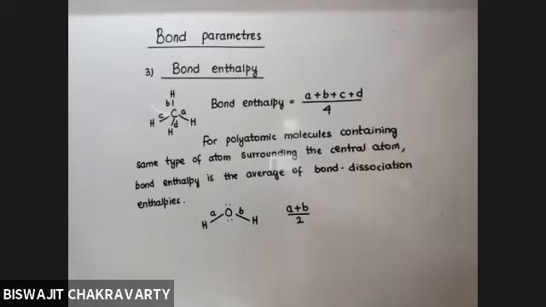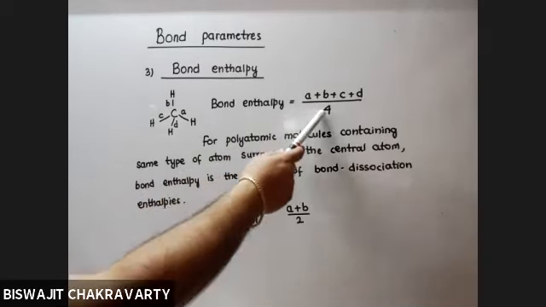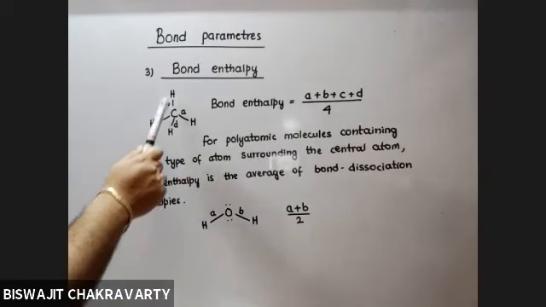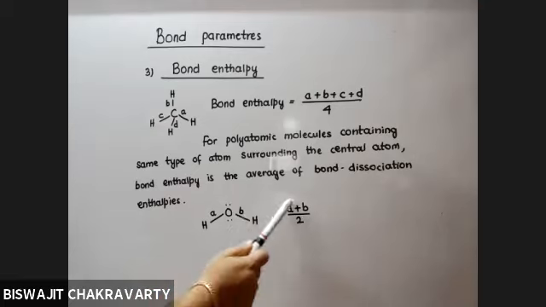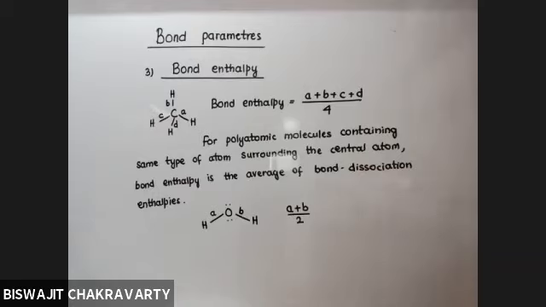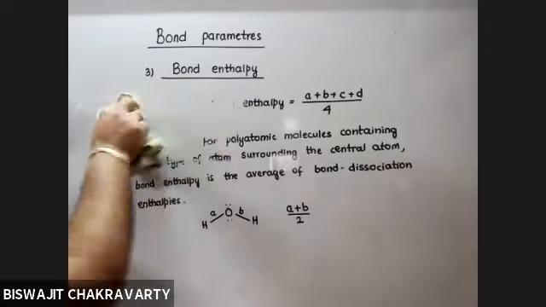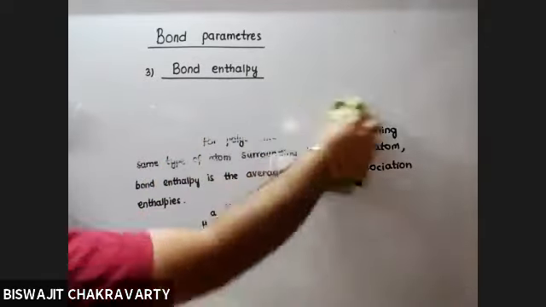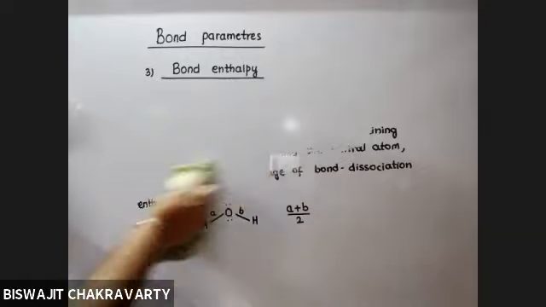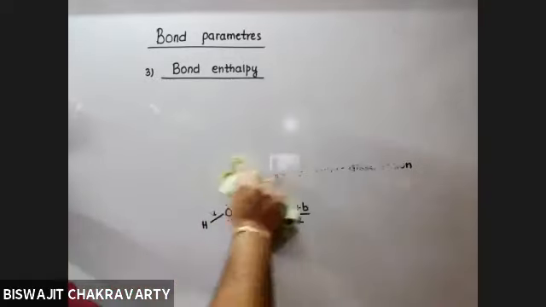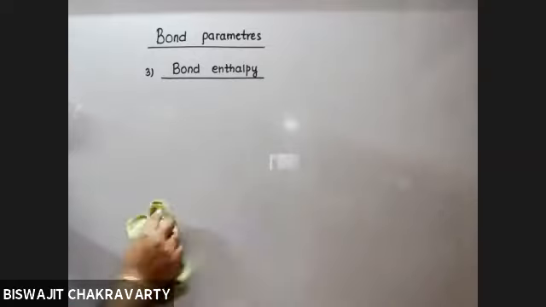Yes or no? Yes, sir. So previously we divided by 4. Why? Because there were 4 bonds. Now we are dividing it by 2 because there are only 2 bonds. Understood? Is it clear to everyone? The difference between bond dissociation enthalpy and bond enthalpy?